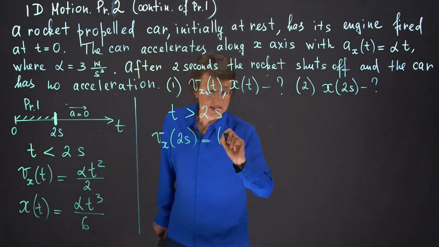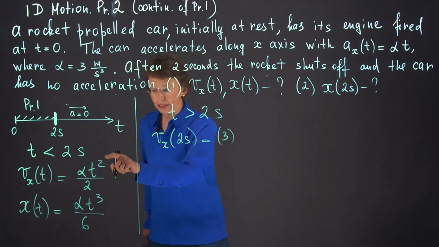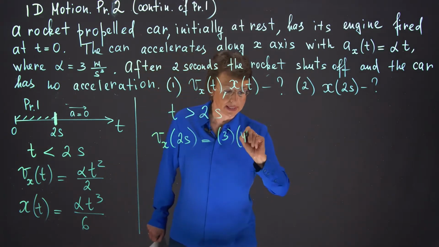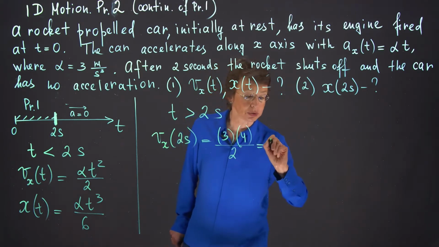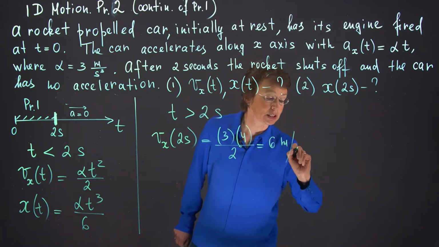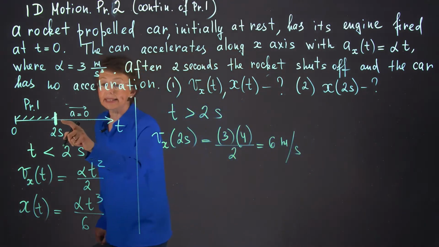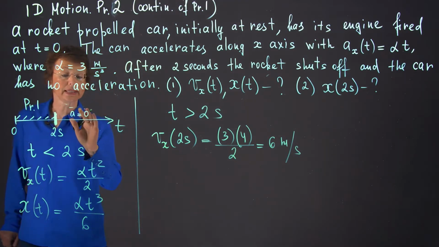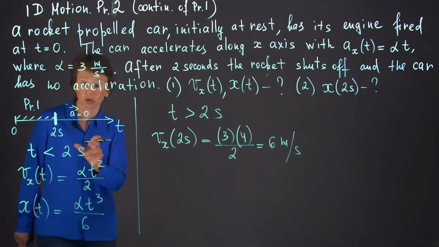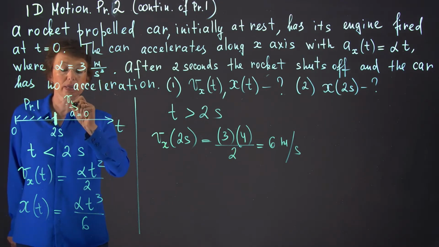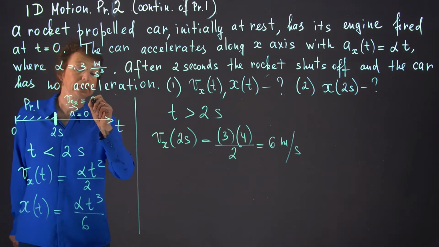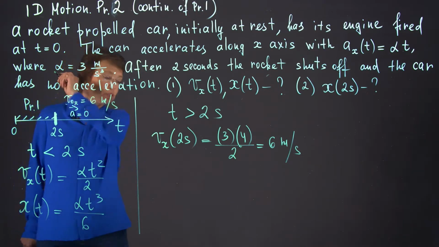Alpha is 3, t is 2, 2 squared is 4, divided by 2. 12 over 2, it is 6 meters per second. And since acceleration is 0 at time greater than 2 seconds, that's motion with constant velocity, that is 6 meters per second.